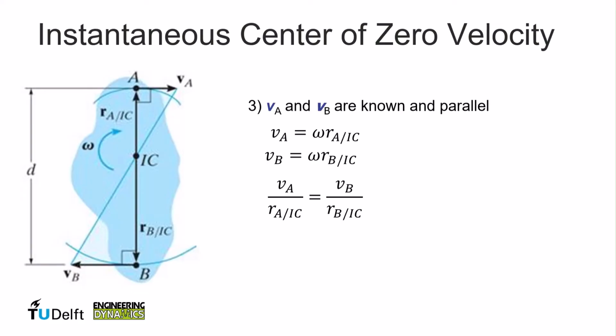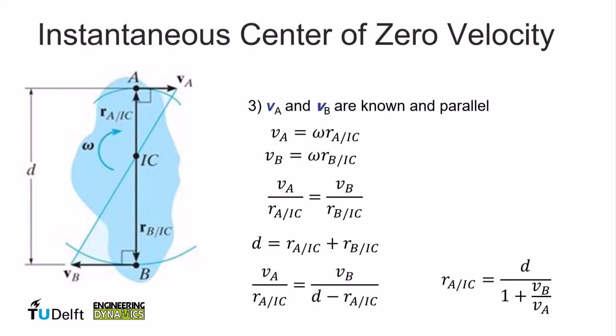Note, however, that we don't know the magnitudes of the relative position vectors, but we know their sum given by the variable d. Now, if we plug this into the previous equation, we can come up with this equation for the RA/IC. So now we know the exact location of the IC for this case.